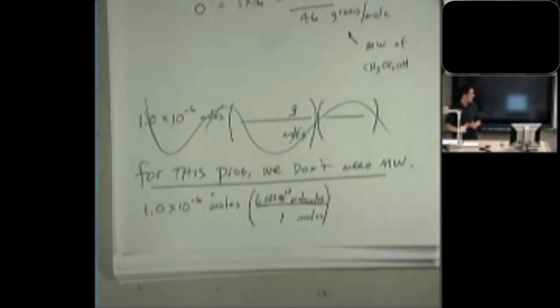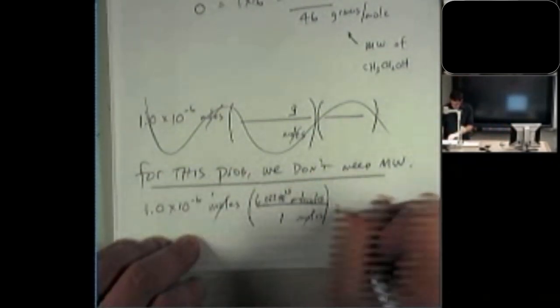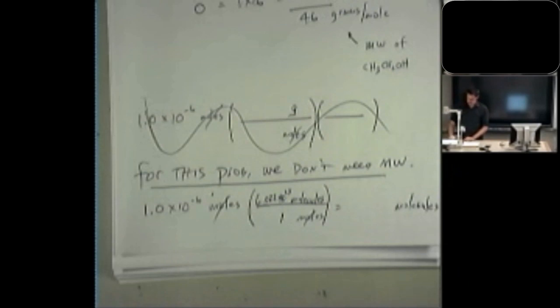Now I'm going to back off and ask myself, is that a true statement? If I have 1 mole of something, are there indeed 6.022 times 10 to the 23rd molecules of it? There are. So this, Avogadro's number, is the way you can convert moles into molecules.